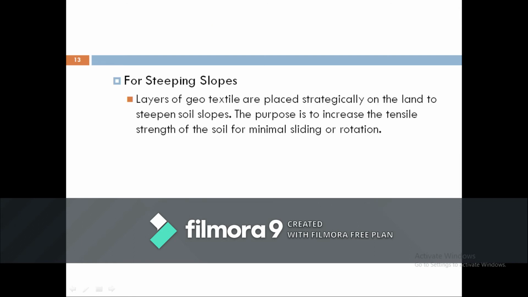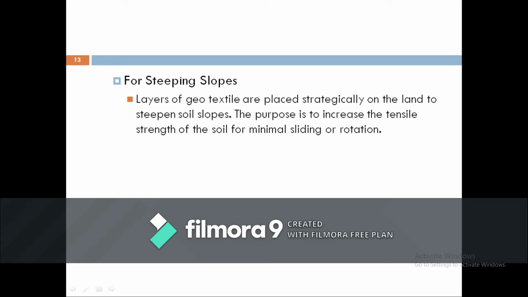So the next thing we have is for steepening slopes. If you have steep slopes, in order to lay that much steeper, you cannot use any other method. The best method we can use is geotextiles. Layers of geotextiles are placed strategically on the land to steepen soil slopes. The purpose is to increase the tensile strength of the soil with minimal sliding or rotation.